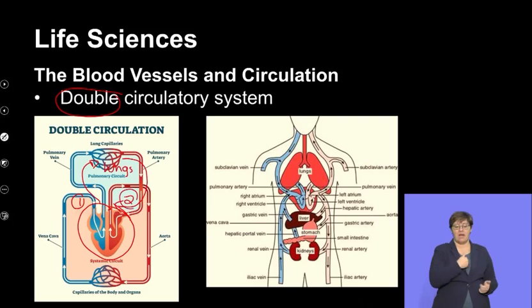Back to the heart. So basically, it does a double circuit where the blood comes to the heart twice. Once from the body, then it goes to the lungs, and that is known as the pulmonary circuit. And then this nice, fresh, oxygenated blood goes back to the heart.